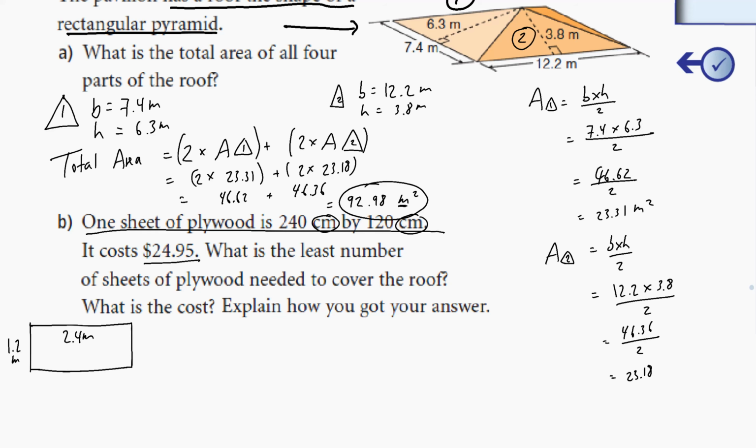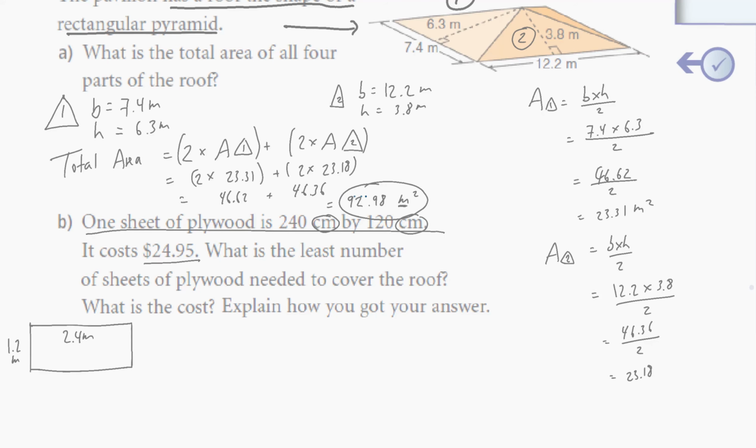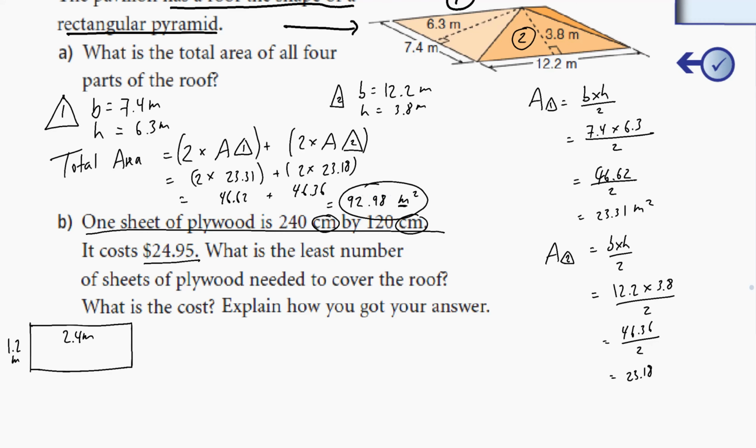How many of those sheets are we going to need? Well, the question is going to be what's the area of that sheet? This is just the side lengths they've given us. So the area of 1 sheet of plywood is going to be length times width, which is 2.4 times 1.2.